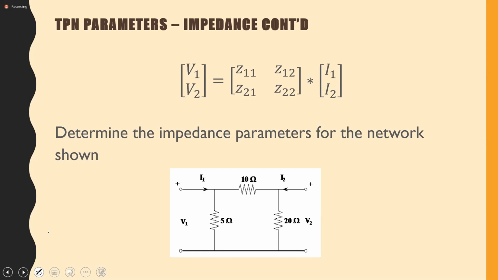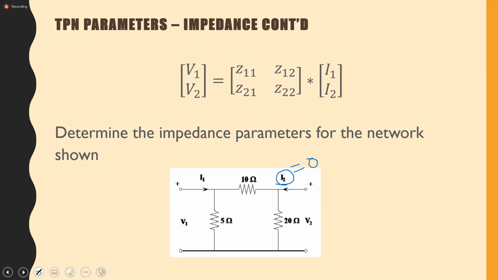And because we are looking at impedance parameters, we know that we're going to be dealing with open circuit values. All right. So with port 2 open, then I2 would be equal to 0.